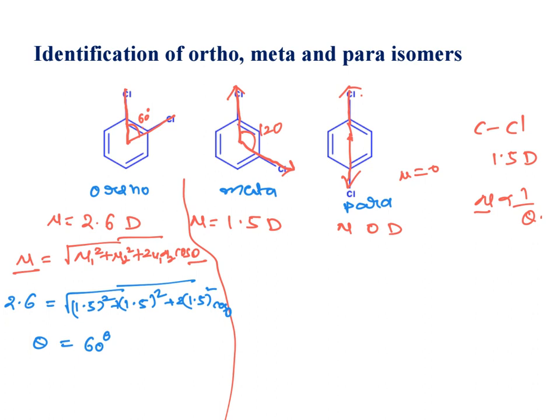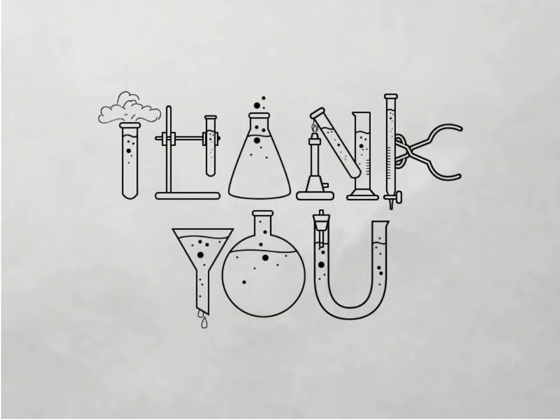We can even identify geometrical isomers. By knowing the data for cis and trans isomers, we can identify which is the cis isomer and which is the trans isomer, which we have discussed in the first semester. You can refer to that. And with this information, I am concluding this chapter. Thank you.